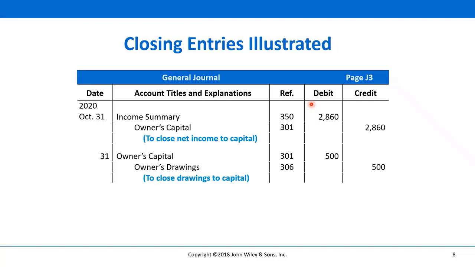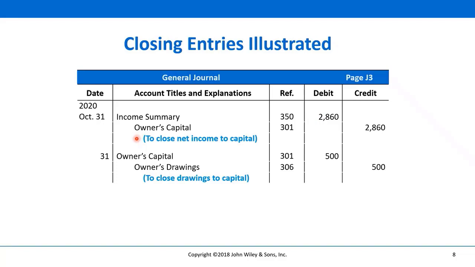Since the income summary now has a credit balance, we have to debit that income summary account by 2860, the gap between the revenue and expenses. And this 2860 can also be called the profit of that particular company, and we know that profit increases owner's capital. So for our credit, we can use owner's capital.